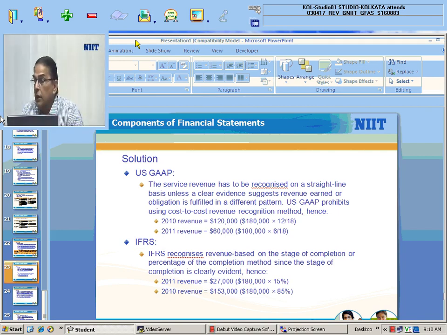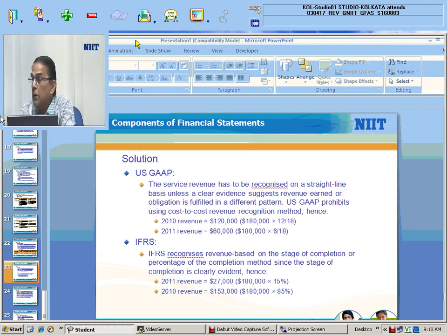Hence, revenue for the year 2010 will be on a straight line basis. There are 18 months of service to be provided, and 12 months have expired from 1st January 2010. As on December 31st, 2010, 12 months have been completed out of the 18 months of the contract. So 2010 revenue will be 1,80,000, the total revenue under the contract, into 12 by 18.